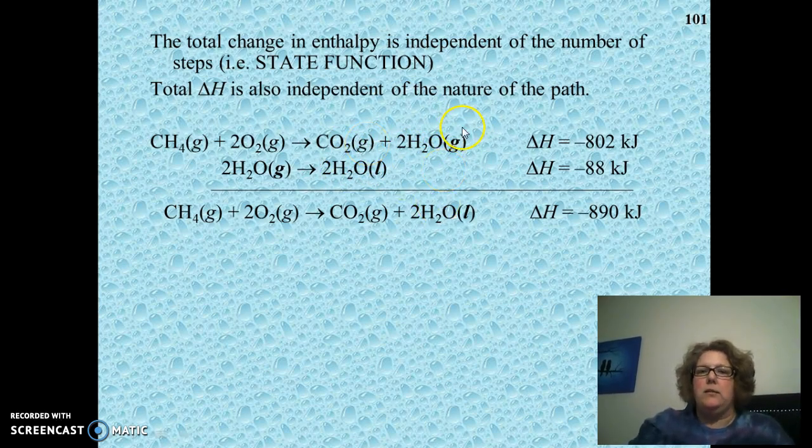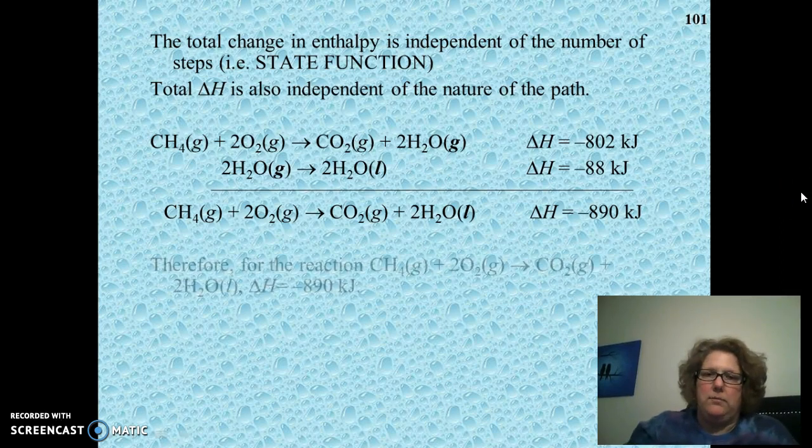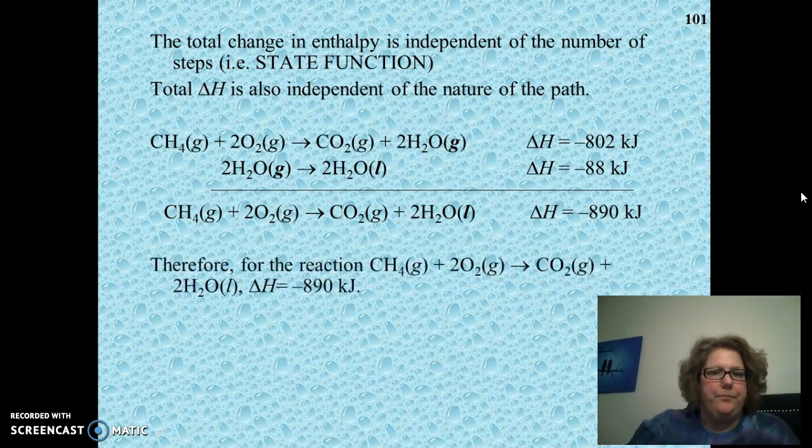So what I mean is, liquid water and gaseous water, you can't cancel them out with each other. They're not the same. It takes water vapor to cancel out water vapor. That does make a difference because it takes 88 kilojoules to turn 2 moles of water vapor into 2 moles of liquid water. So we need to pay attention to that. It's mainly just going to happen with water.